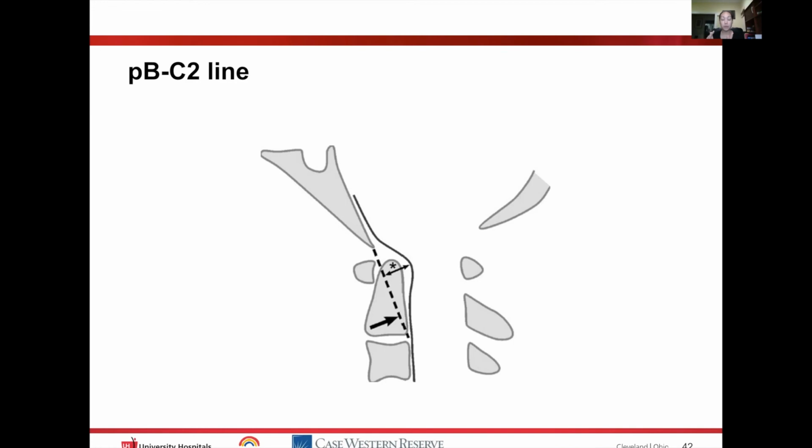This is typically done, you can see in this, on MRI rather than CT, because you also want to capture any of that soft tissue that's within that measurement. So if you do have patients that have a little bit of instability, they can develop hypertrophy of the soft tissues or a pannus, and you want to make sure that you're including that within that measurement.